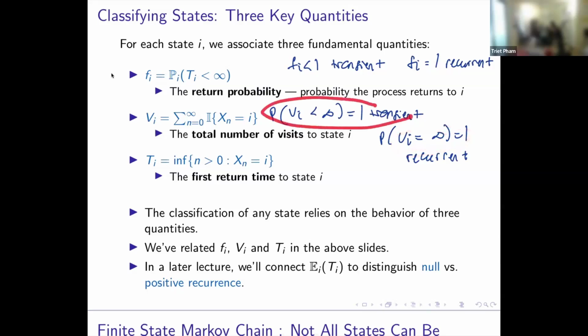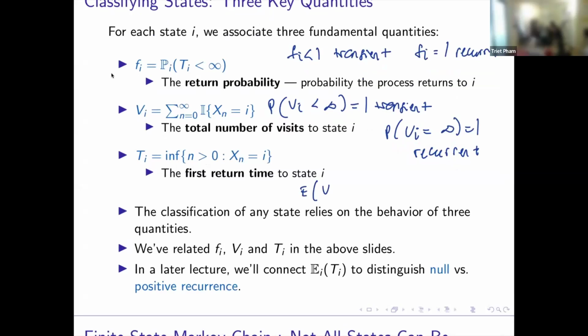But expectation of Vi for transient, expectation I, I guess here there's a subscript I, I means we start at I. Expectation of Vi is 1 over 1 minus Fi for transient. I guess this equation makes sense for transient because Fi is less than 1.